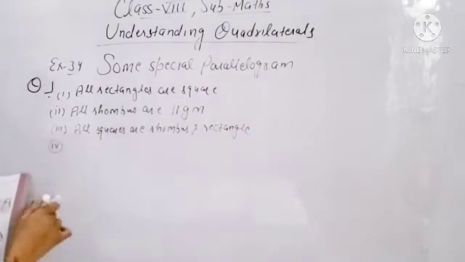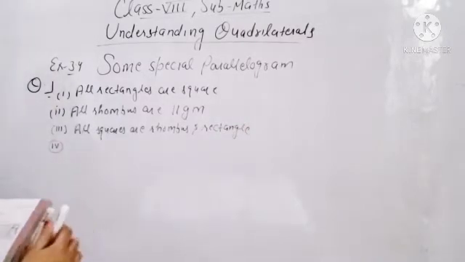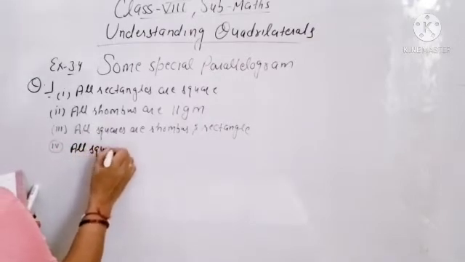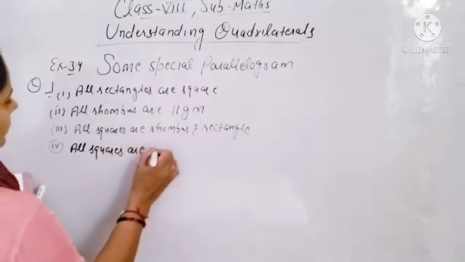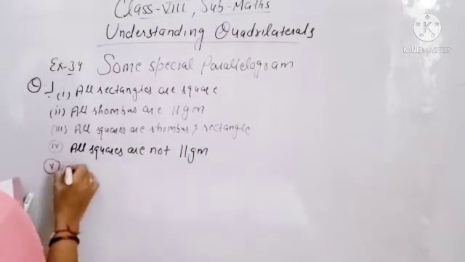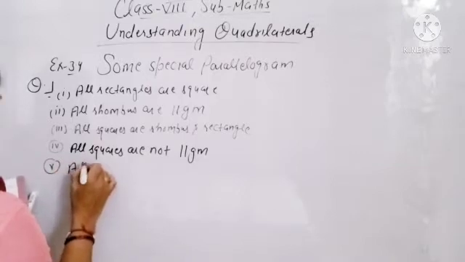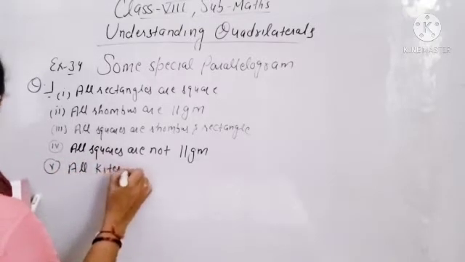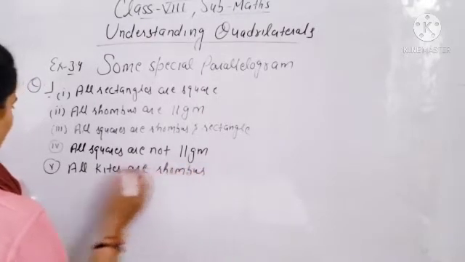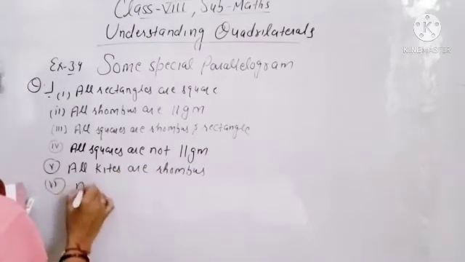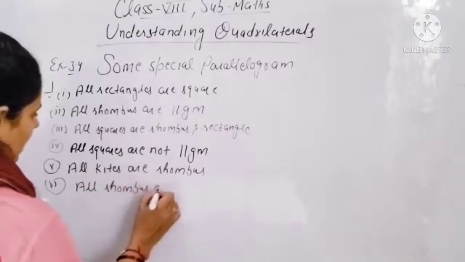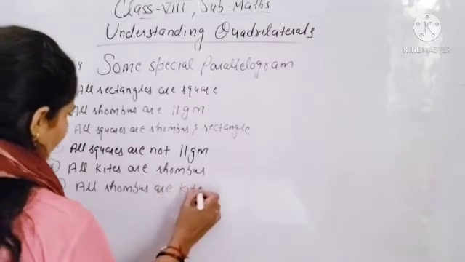Fourth, all squares are not parallelogram. Fifth one, all kites are rhombus. Sixth part, all rhombus are kites.